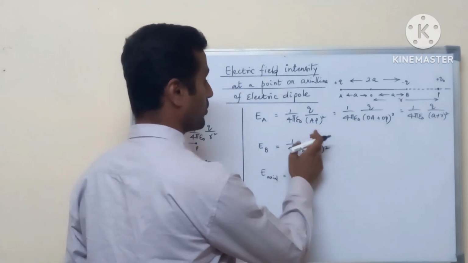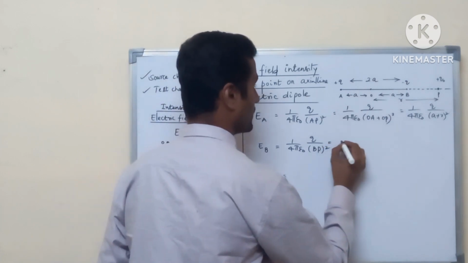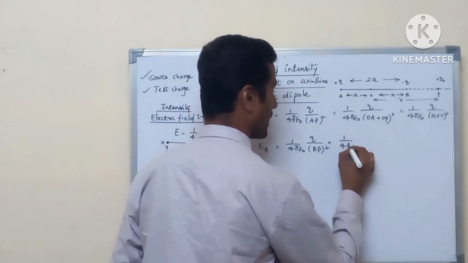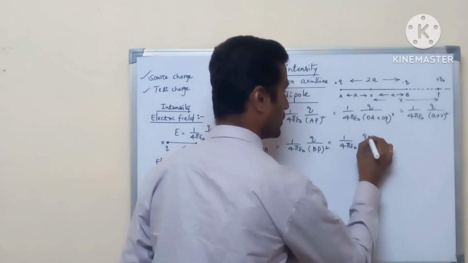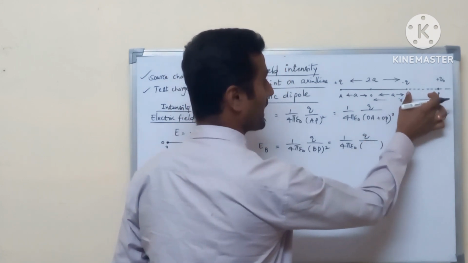Here we have taken only the magnitude of this charge, that is equal to 1 by 4 pi epsilon naught Q divided by BP squared.